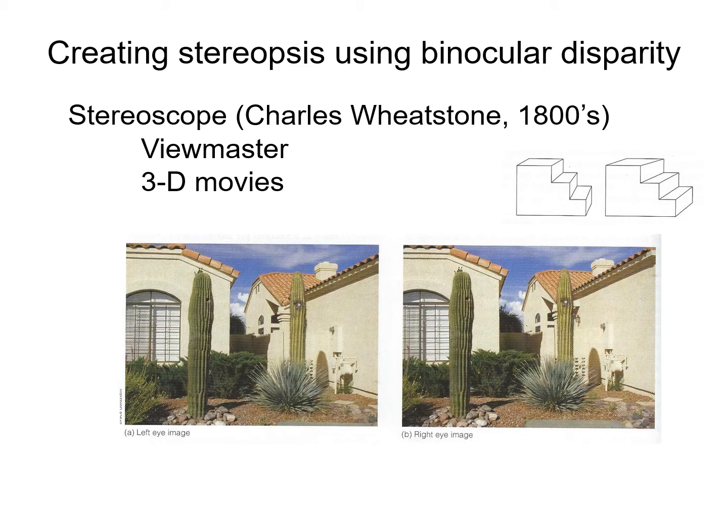This is also what's happening with 3D movies. It used to be that there would be film done through a red filter, and then there would be a film from 6 centimeters away done through a green filter, and you'd have to wear these goofy red and green glasses, and it had this red and green appearance to it.